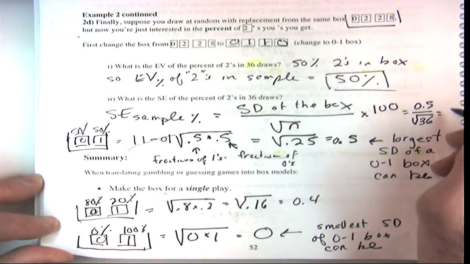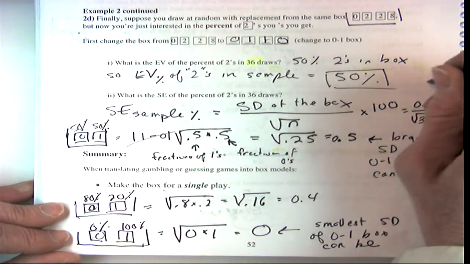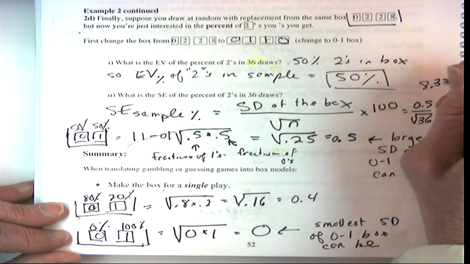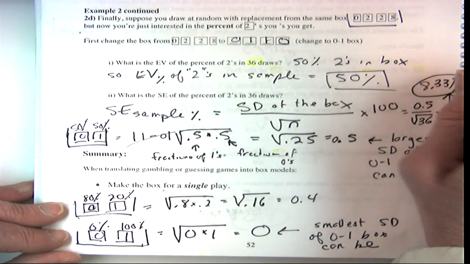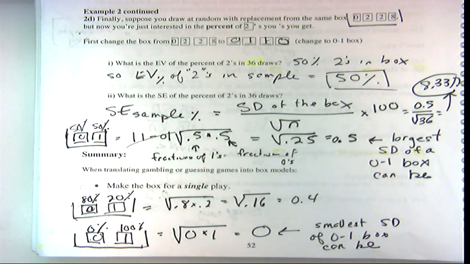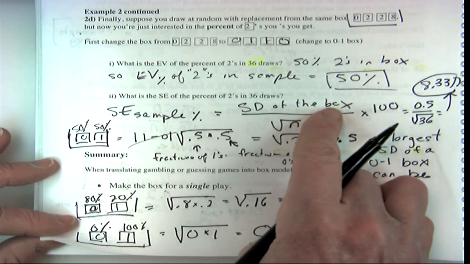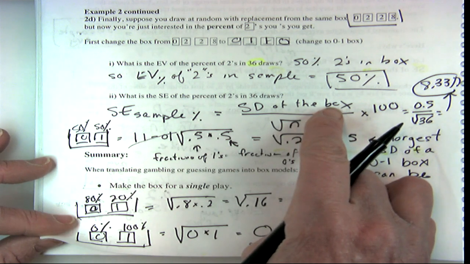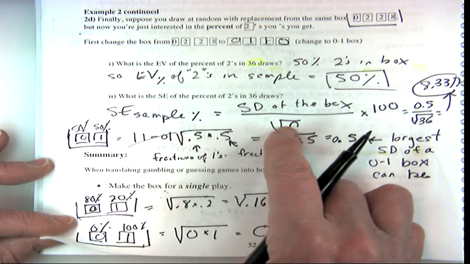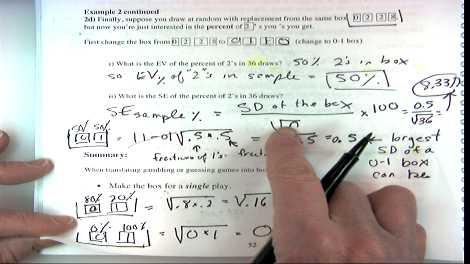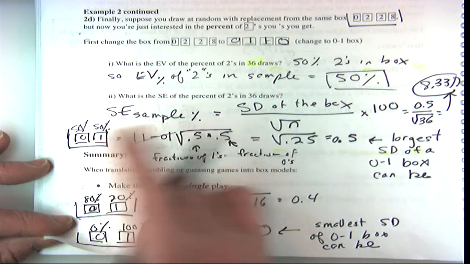And that is 8.33%. So I just wanted to go over that so whenever you see a problem where you're trying to find the standard error of a percent, you know this numerator here has to be between 0 and 0.5, and then you're just going to divide by the square root of n. And you can probably estimate it in your head.